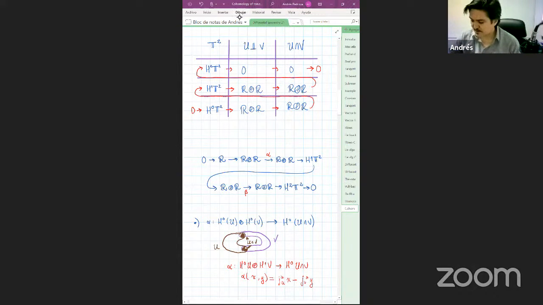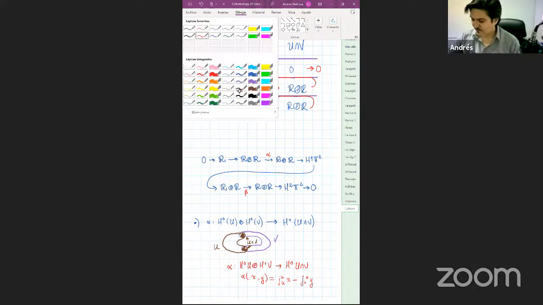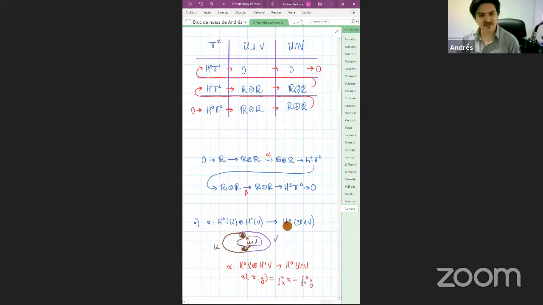In the case that we are analyzing at this moment, we are only interested in functions. So I have a function on U, constant function, a constant function on V. This is the function.